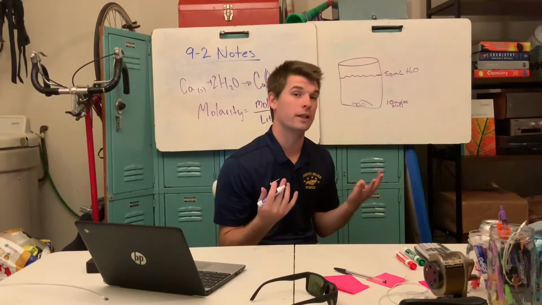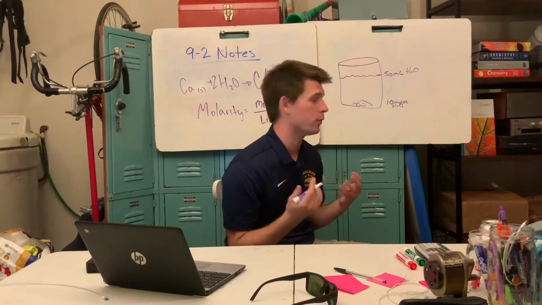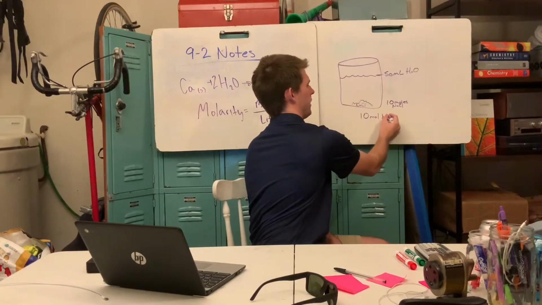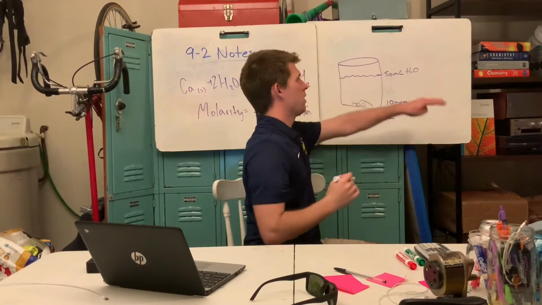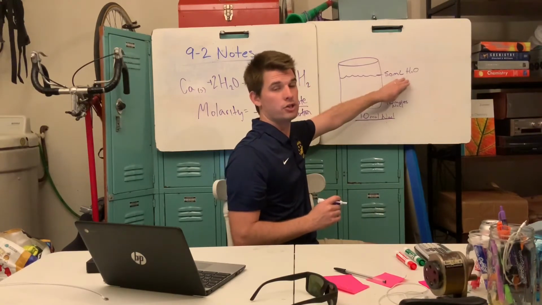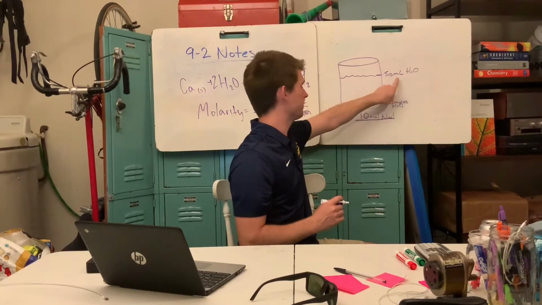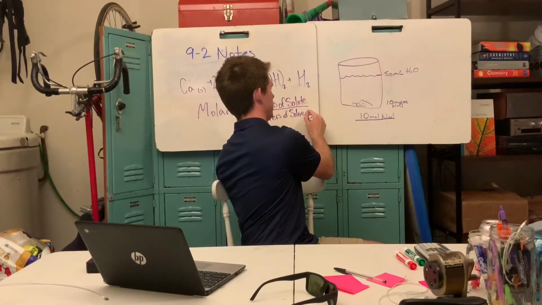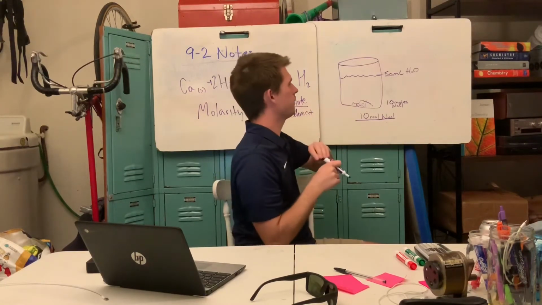What is the molarity? Here's how we would do it. We would take 10 moles of NaCl and we divide it by the liters of solution. Oh, whoops, not the solution, liters of solvent. Good, caught that.